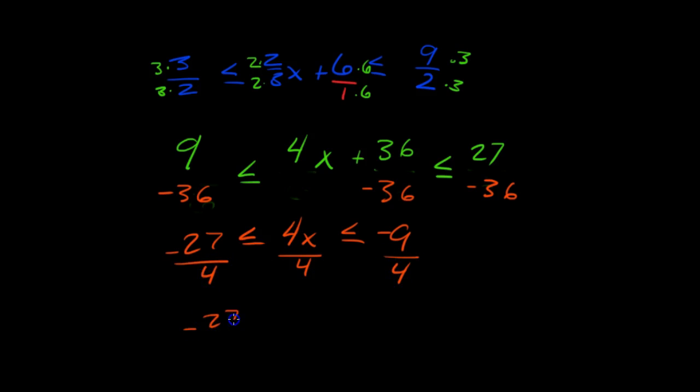So we get -27/4 is less than or equal to x, which is less than or equal to -9/4, right? Or -6.25 is less than or equal to x, which is less than or equal to -2.25.